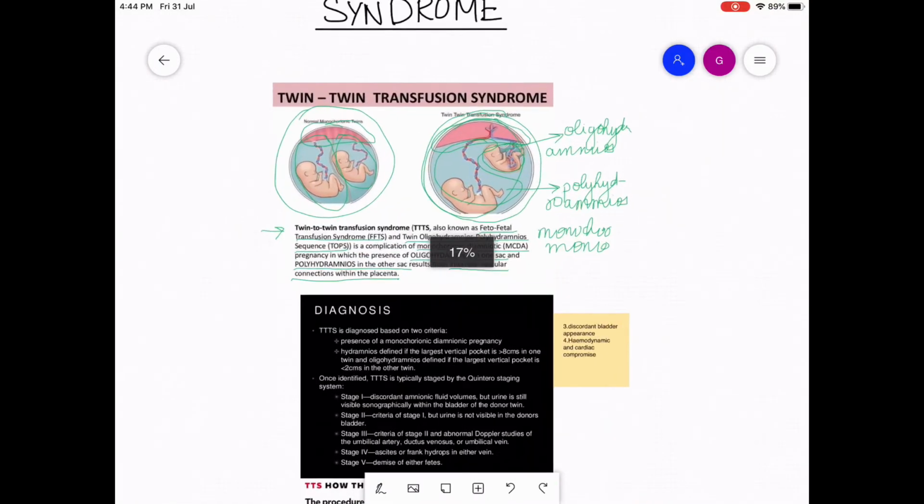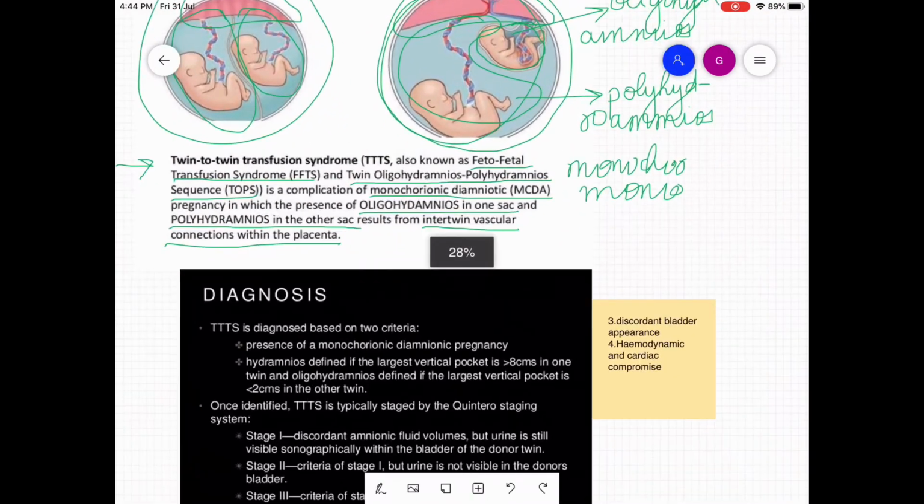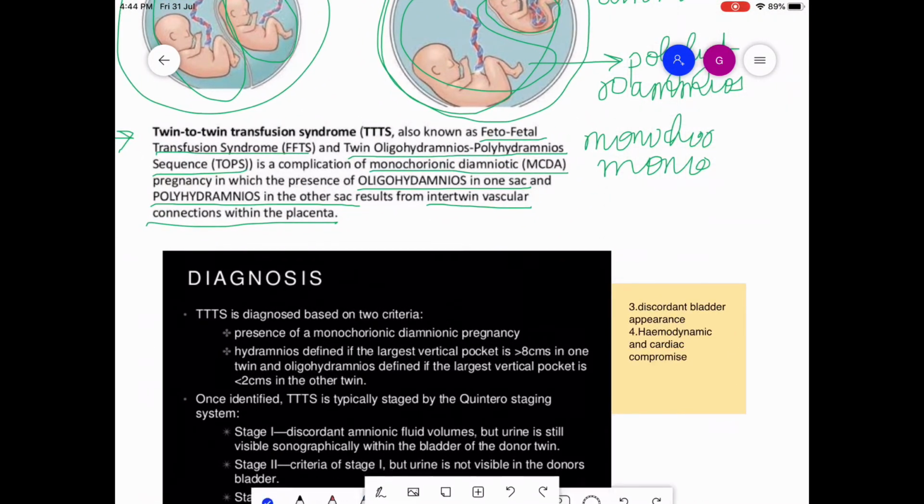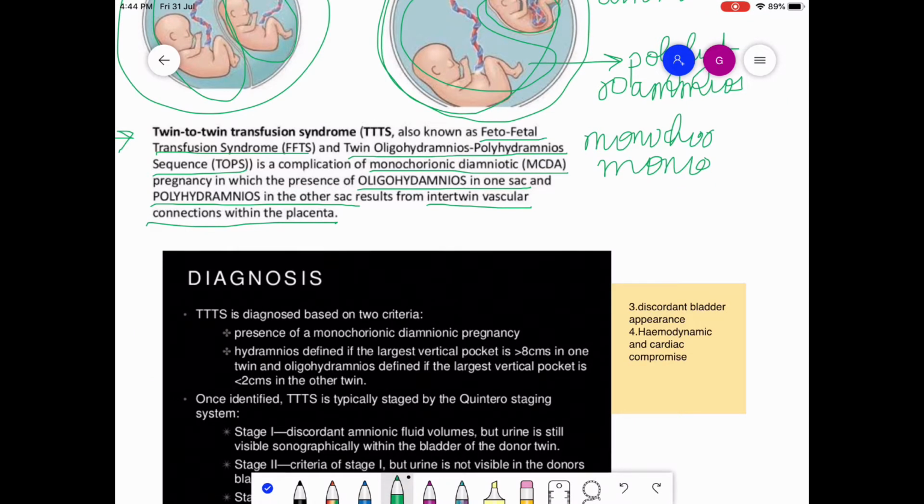Now how will we diagnose twin to twin transfusion syndrome? It is diagnosed on the basis of 4 criteria. Number 1 criterion is the presence of monochorionic diamniotic pregnancy. As I have said earlier, it should be a monochorionic diamniotic pregnancy.